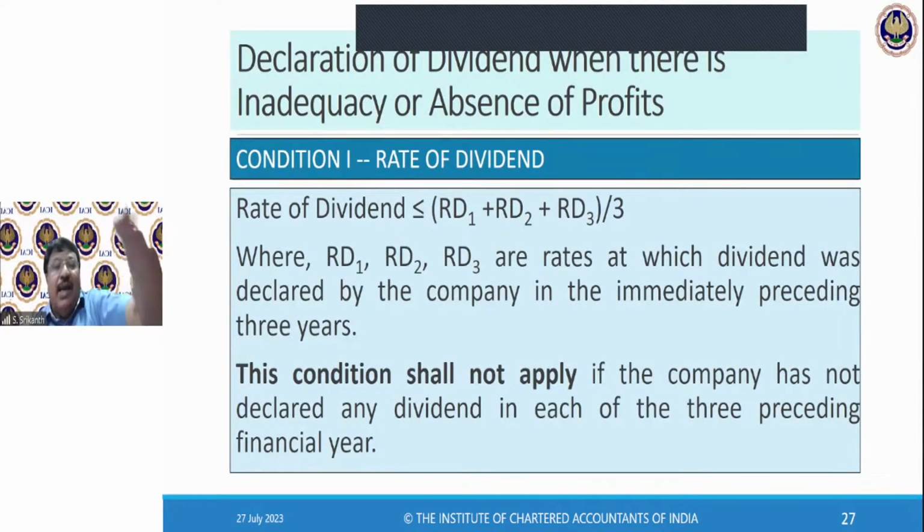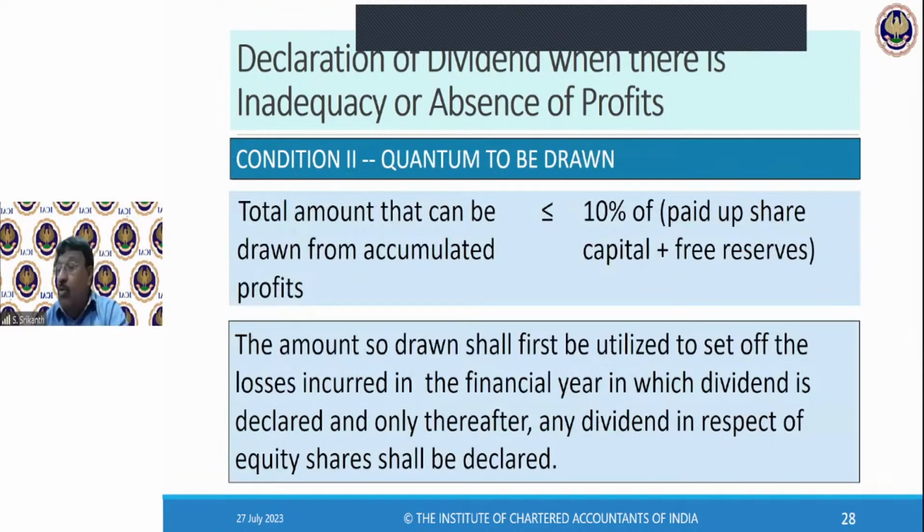So if you have not declared any dividend in each of the 3 preceding financial years, this condition will not apply. So this will apply only to companies which have declared dividend for 3 immediately preceding financial years. In which case, the rate now proposed shall not exceed the average rate of dividend. Okay, sir. Now that condition is satisfied. Now you'll have to move on to the second condition. What is that?